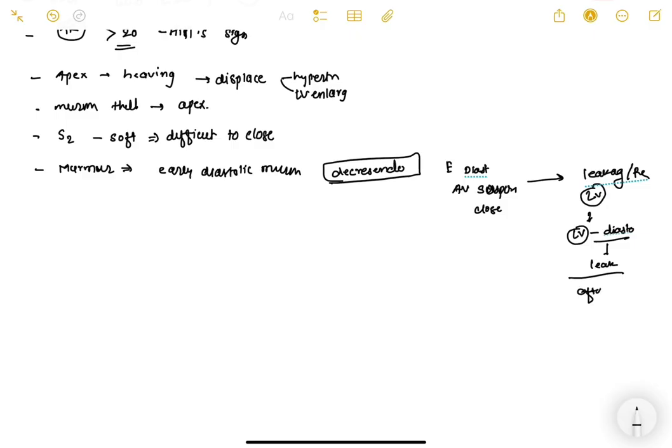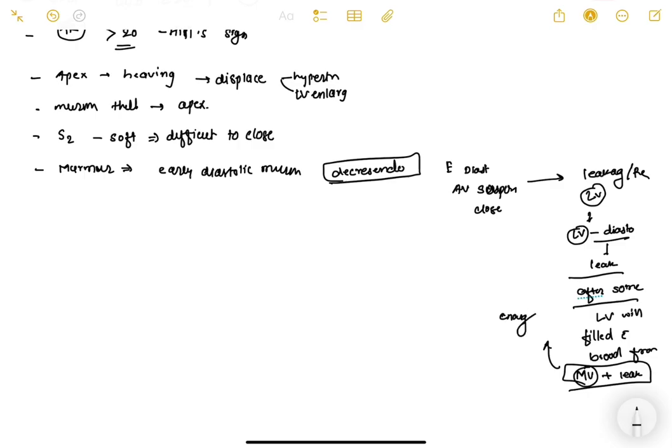After some time, LV will be filled with blood from mitral valve plus leakage. So after a certain time, there will be enough blood, and as the blood increases, there is a decrease in turbulence.